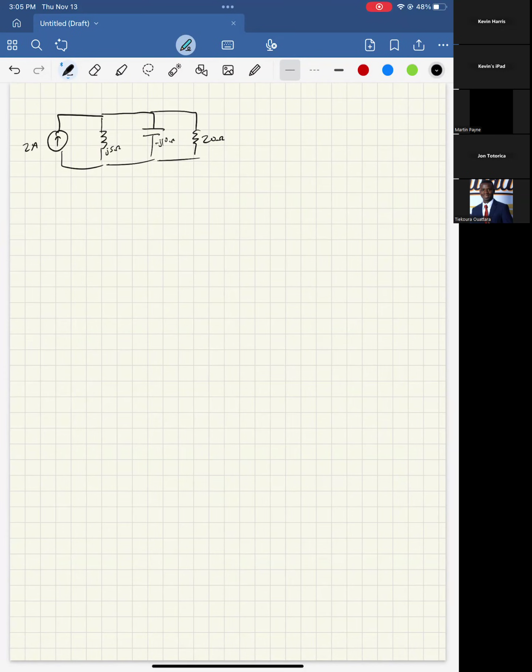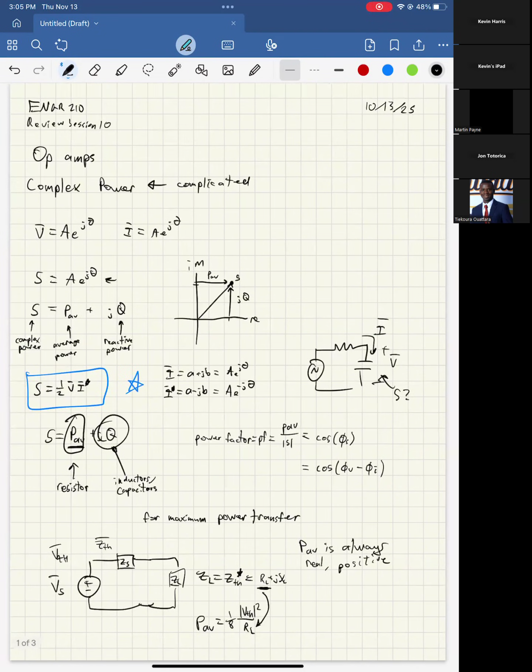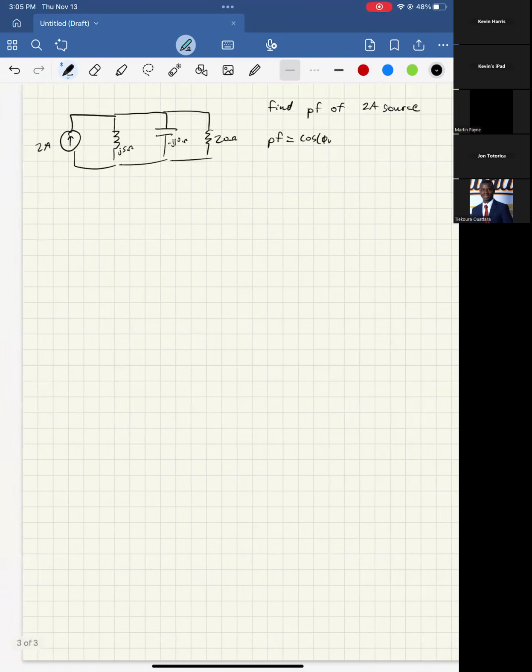Okay, so it's saying find the power factor of the 2 amp source. So if we remember, the power factor is the cosine of the phase of the voltage minus the phase of the current.